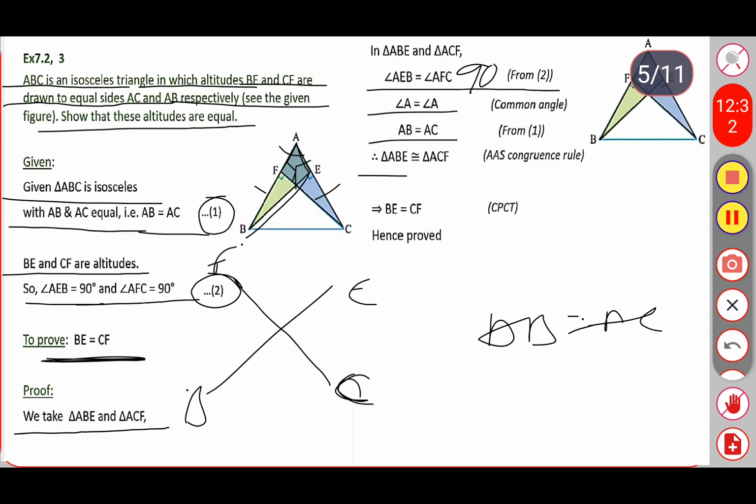Therefore, triangle ABE is congruent to triangle ACF by using the congruence criteria AAS. Therefore, BE is equal to CF. So this is the proof of the third question.